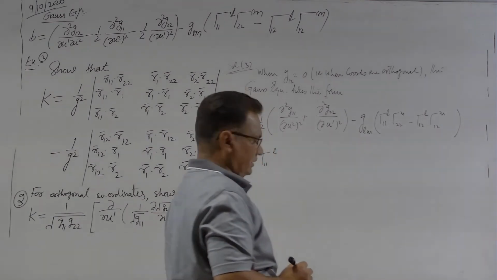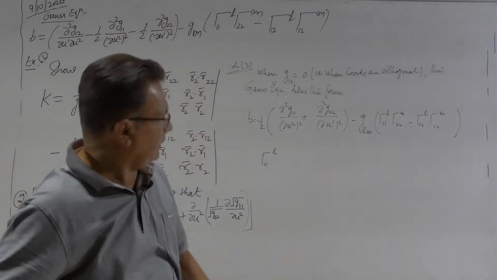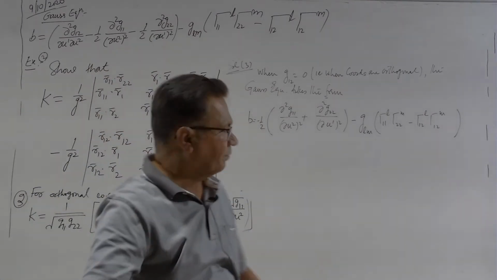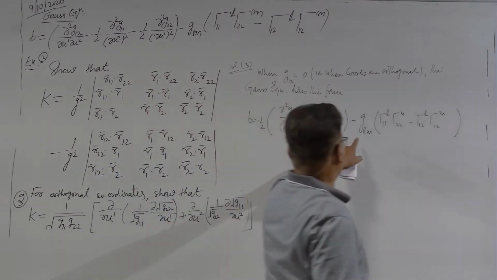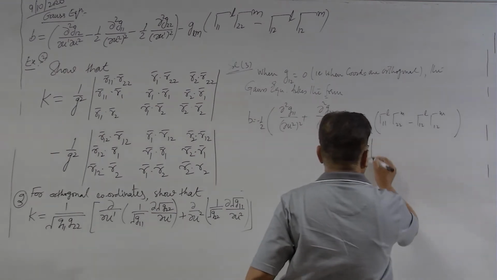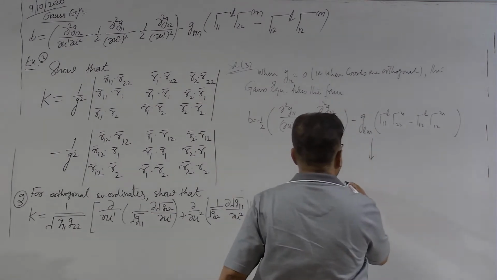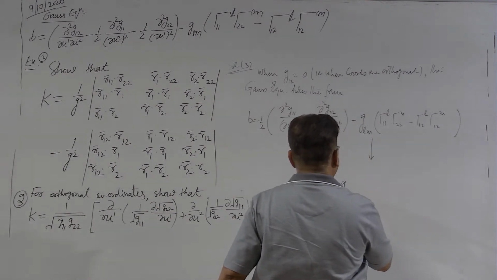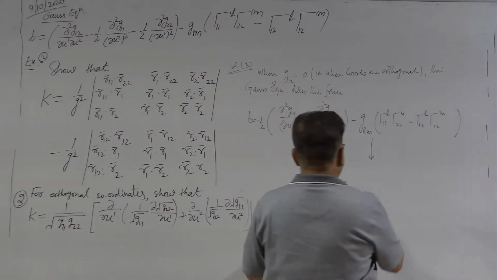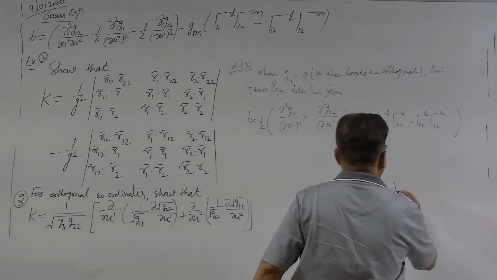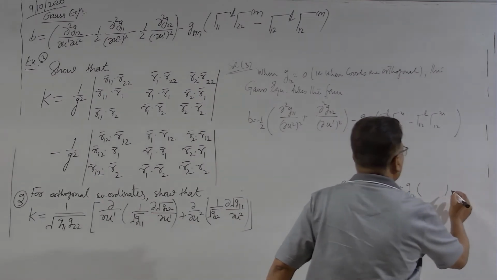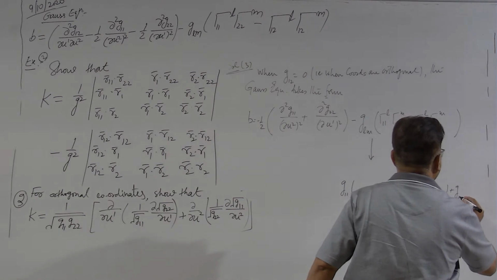In fact, L and M both are dummy indices, so if I look at this bracket alone, it will be G11 into this bracket plus G12 into the bracket plus G22 into this bracket.